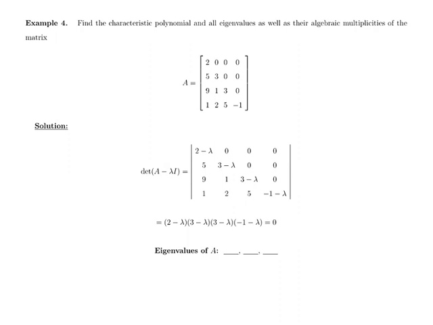So let's do one more example here. Find the characteristic polynomial and all eigenvalues, as well as their algebraic multiplicities when our matrix is A. And again, this is a lower triangular matrix. We can see that because we have zeros above the diagonal.